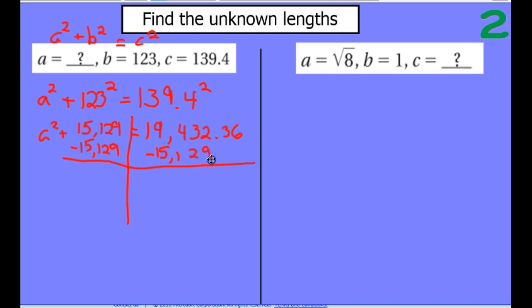What that's going to give us then is, let me put it in my calculator quick, 4,303.36.